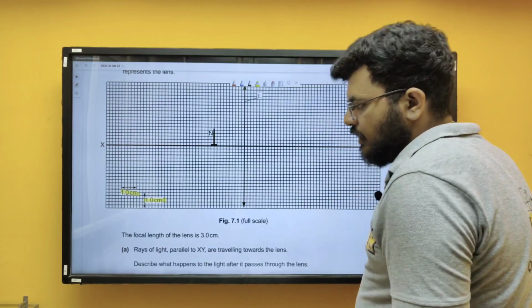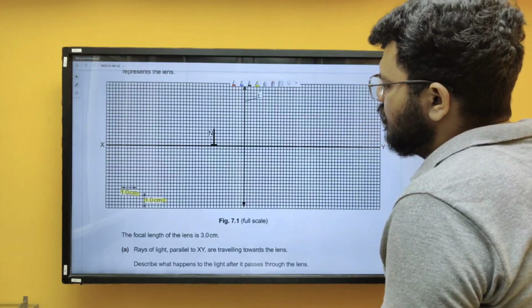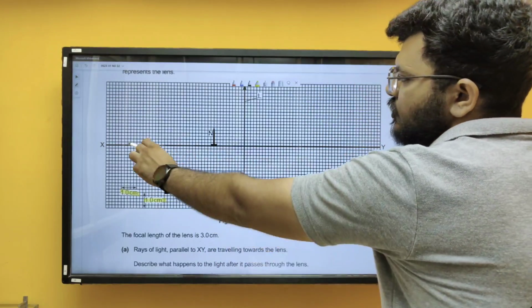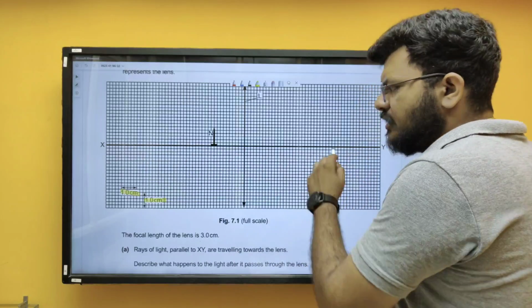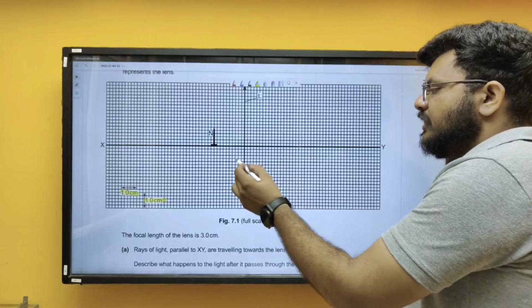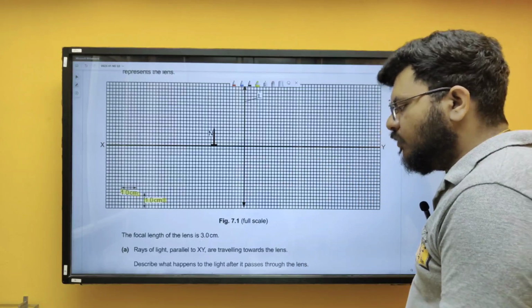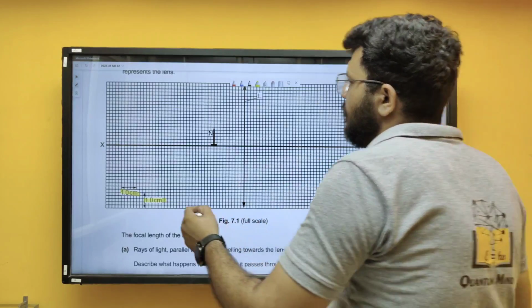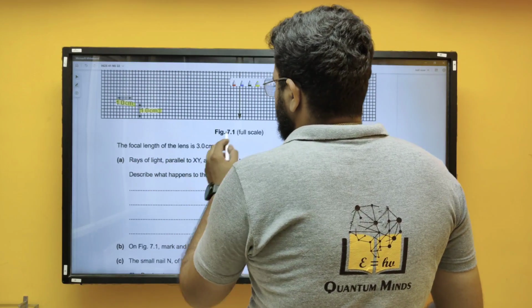Let's see what else. Rays of light parallel to xy, right, which is the principal axis, right, are traveling towards the lens. Describe what happens to the light after it passes the lens.